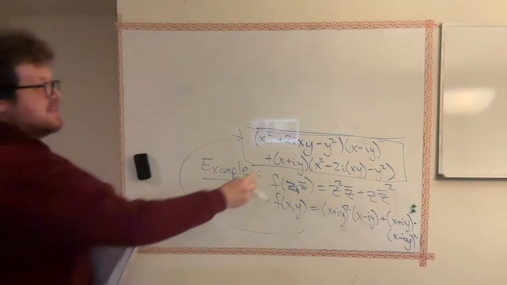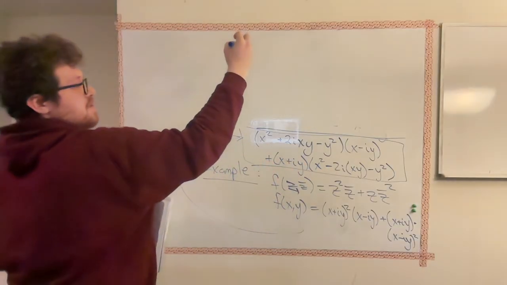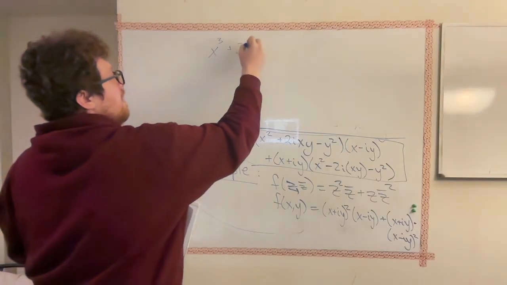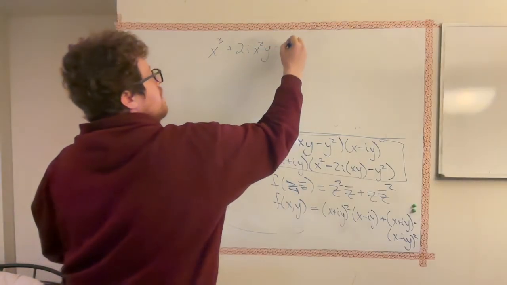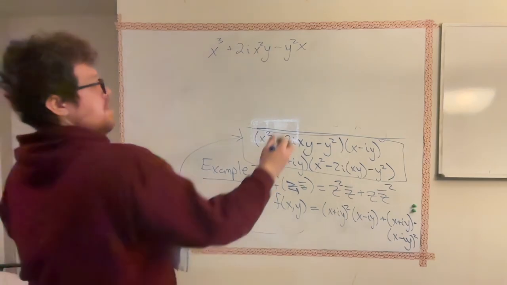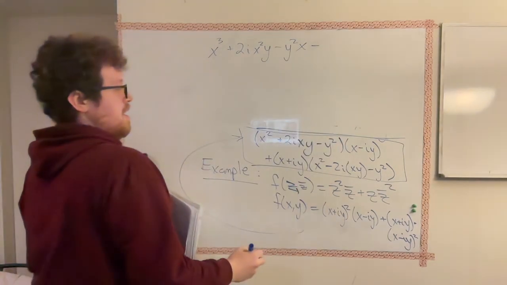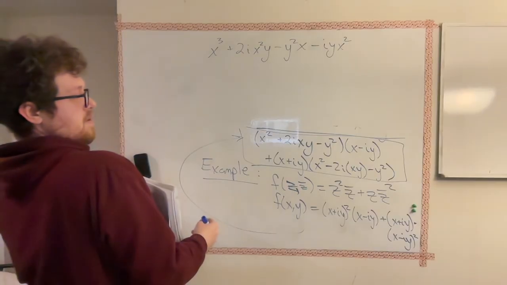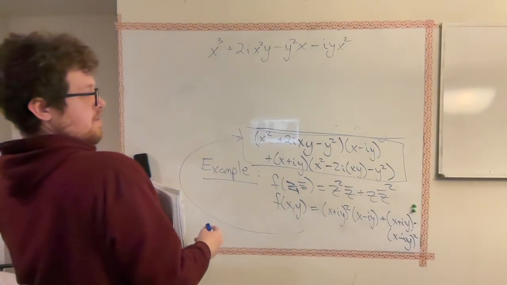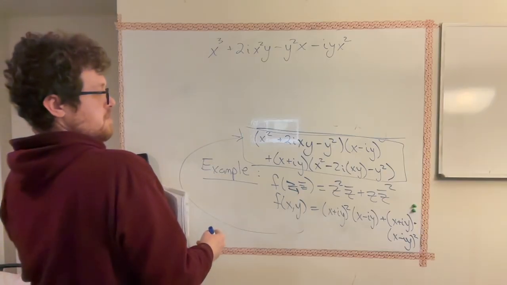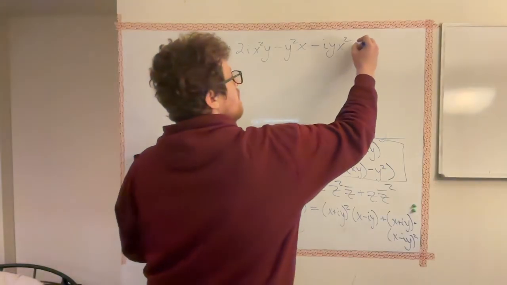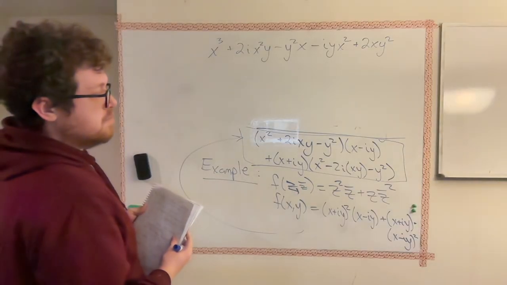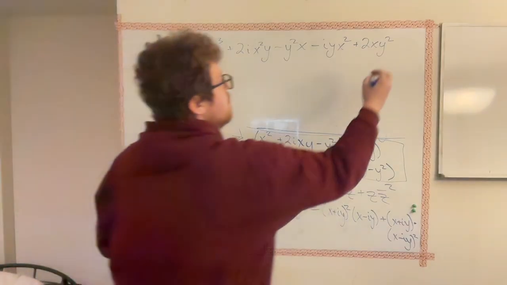Okay, so basically I'm just gonna continue FOILing this out. So x times this: x cubed plus 2i x squared y minus y squared x minus iy x squared plus 2xy squared plus iy cubed.